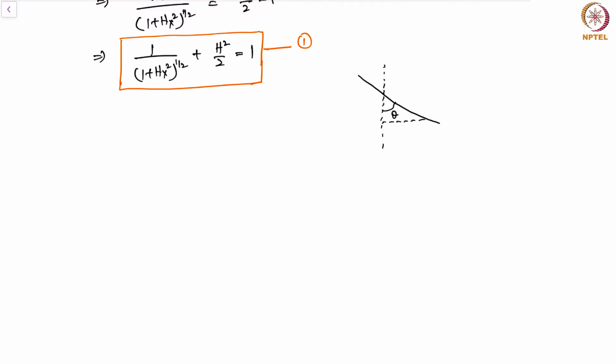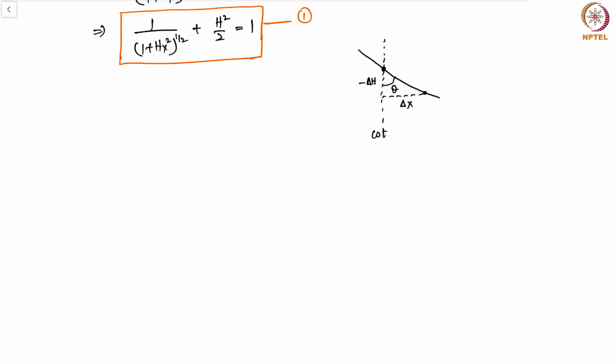So at any arbitrary location here, if I say this is delta x and this is minus delta h, the change in the height of the meniscus between these 2 points, then I have cot of theta will be dh by dx, and therefore that is minus hx, and therefore I have 1 by 1 plus hx square whole power half, which is nothing but 1 by 1 plus cot square of theta power half.